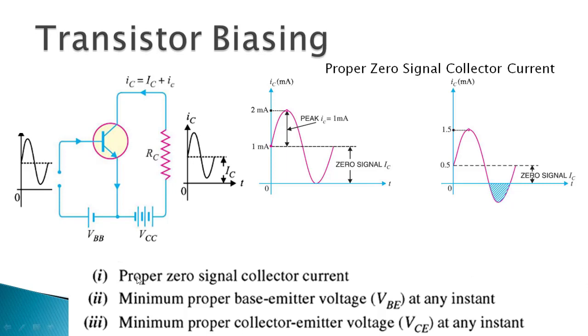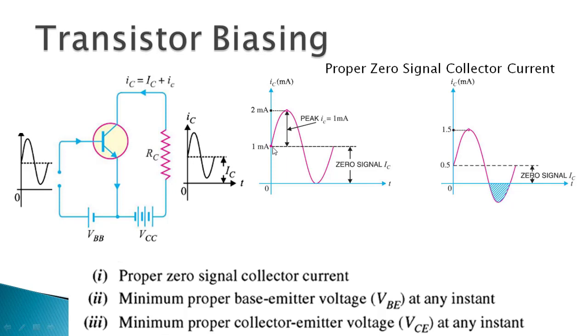We should maintain the proper zero signal collector current. Already we studied, 1 milliamp is the zero signal collector current. Then we should maintain the minimum proper base emitter voltage at any instant. Also we should maintain minimum proper collector emitter voltage at any instant.